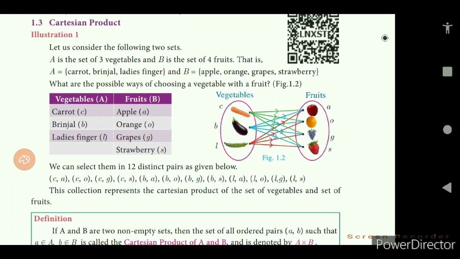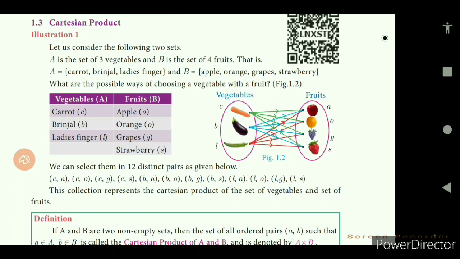Now we find what are the possible ways of choosing a vegetable with a fruit. We are finding a combination. How many combinations are possible here? Yes, 12 combinations.